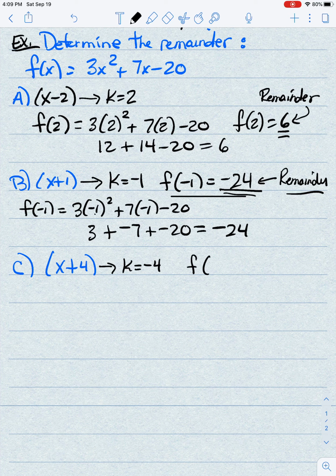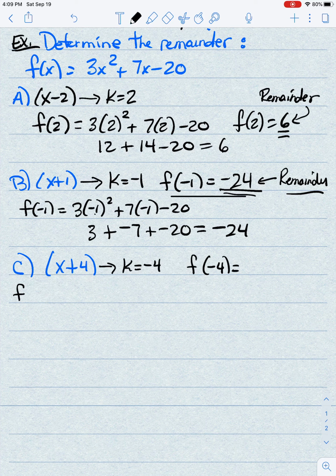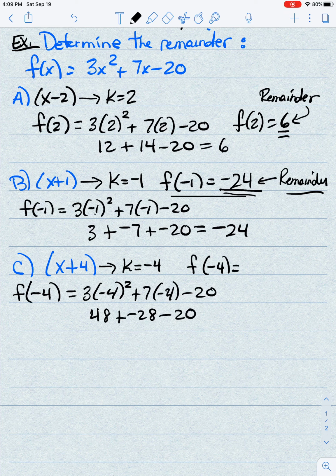So we need to do f of negative 4 and see what we get. f of negative 4 is going to be 3 times negative 4 squared plus 7 times negative 4 minus 20. All right, so 16 times 3, so 48, negative 28, negative 20.